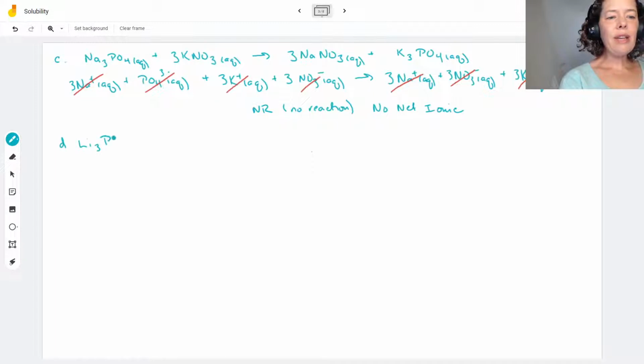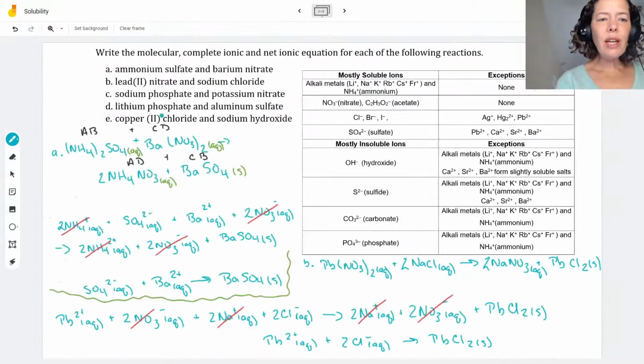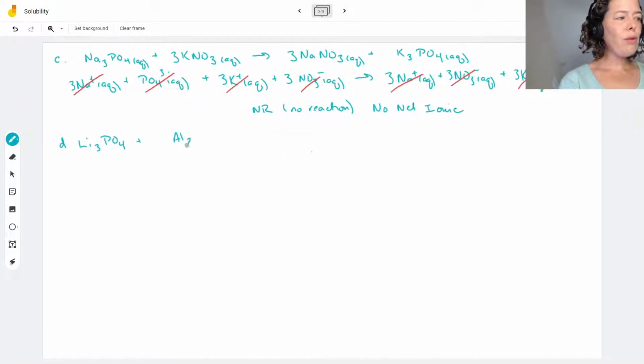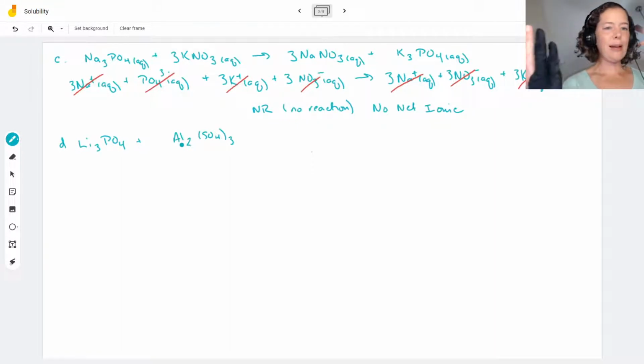Lithium phosphate and aluminum sulfate. Okay, so aluminum sulfate. So remember aluminum, that's one that's easy to forget, is a +3 cation.